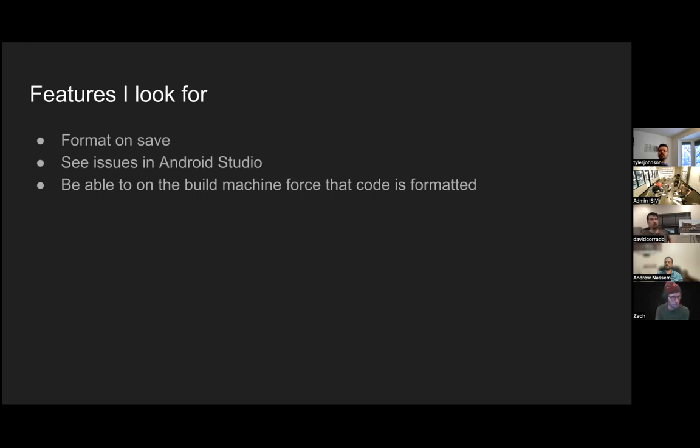If only one person does ktlint, and they touch somebody else's file that did not use ktlint, the whole file is going to be changed. So the build machine should enforce that these formatting tasks are run. That's very important, so files aren't randomly changed just because a different engineer started going to that file.